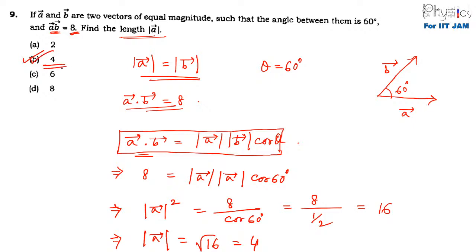So is it clear, everyone? Please tell me. Yes, Malaya, it is dot product. So Shagato, your answer is not correct here. The correct answer is option B, 4. Clear, everyone?